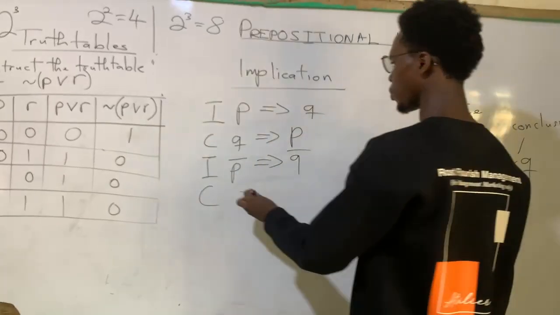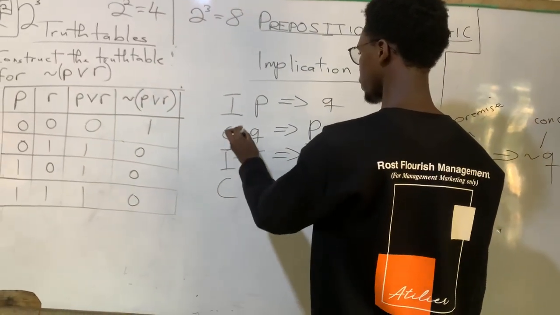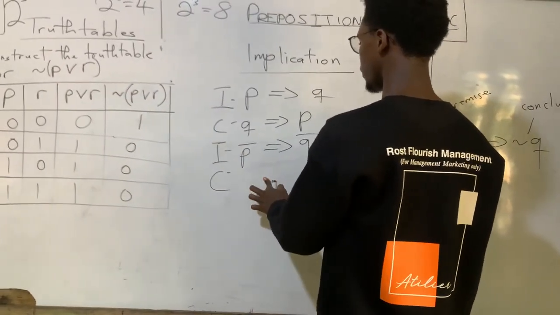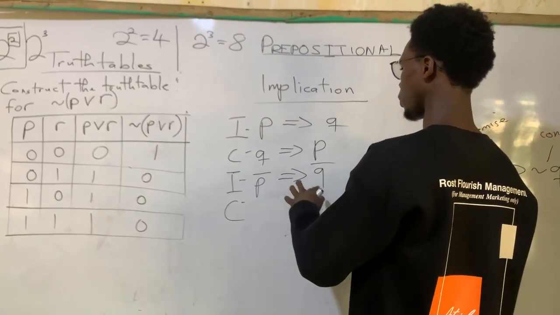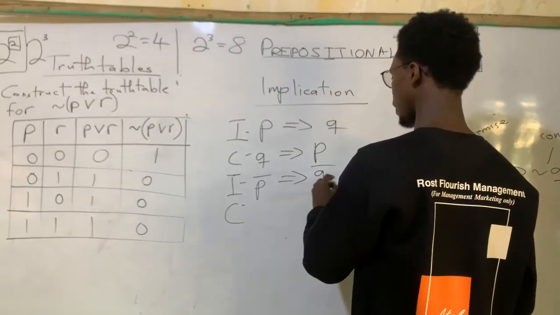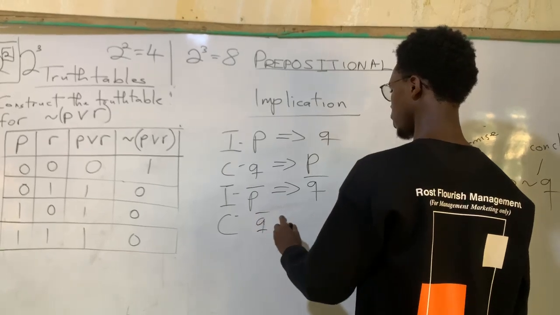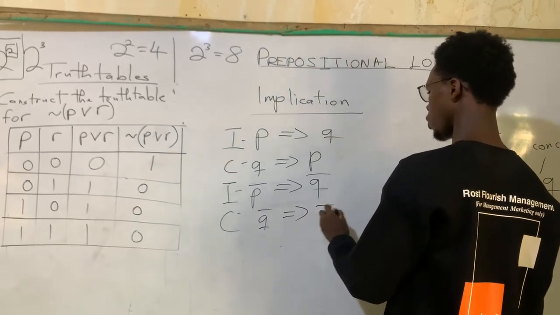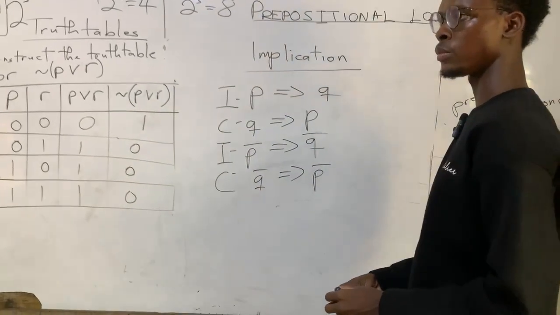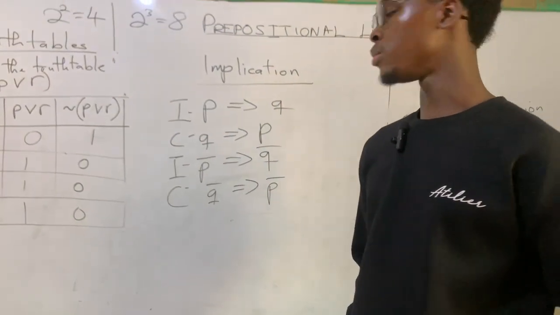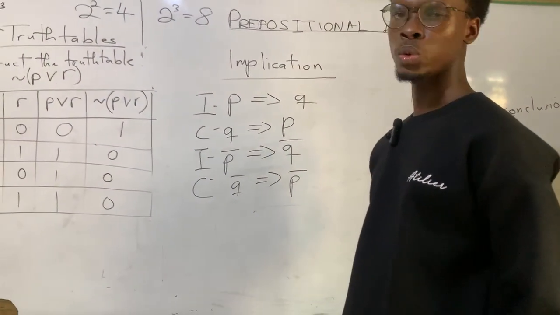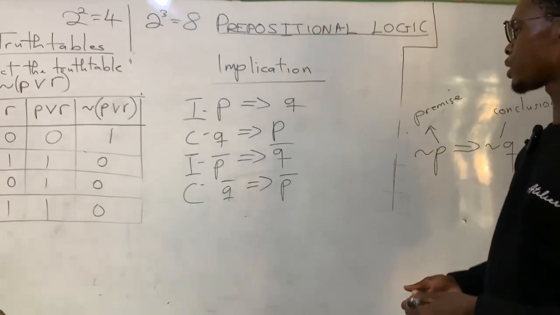Then if you take the contrapositive, what's the contrapositive about? It's about you reversing the position of the inverse. So you're going to have not Q implies what? Not P. Not Q implies not P. So how do these relate at all, right?